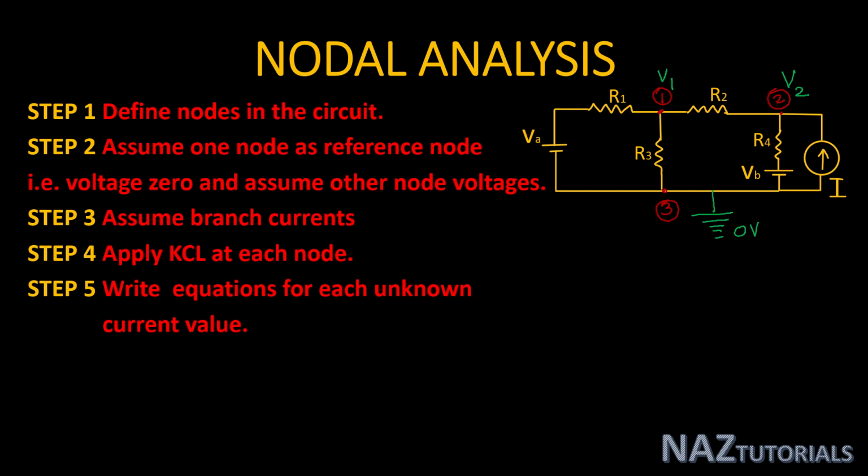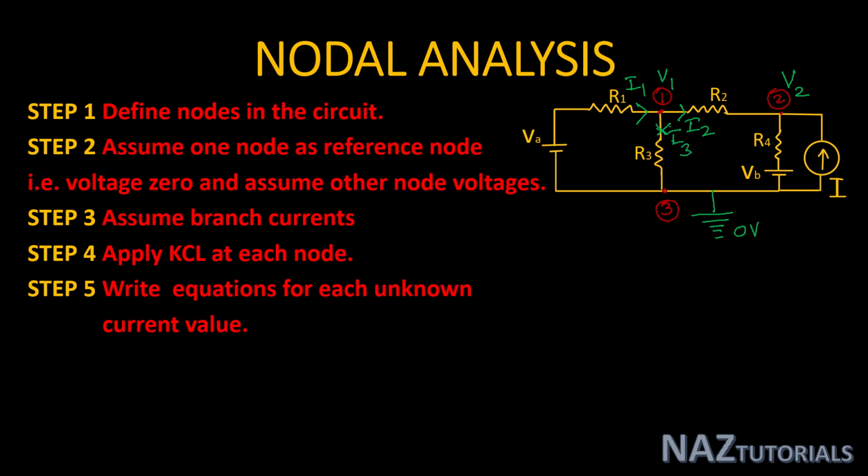Now come to our third step. Our third step is to assume branch currents. Let's assume at node 1 the branch current is I1 for the R1 branch, this is I2 and this is I3.